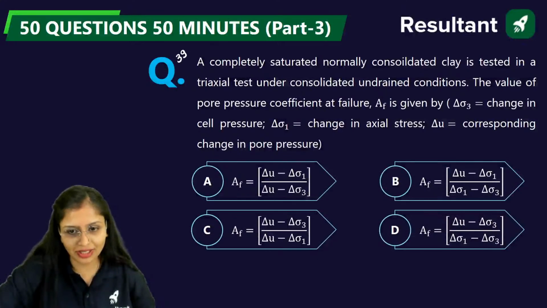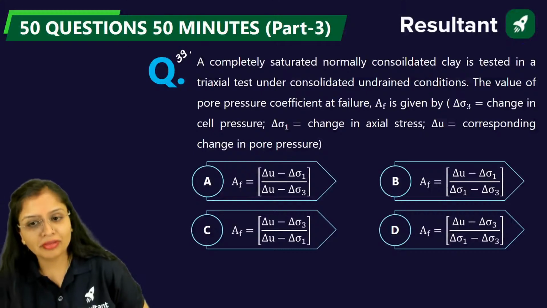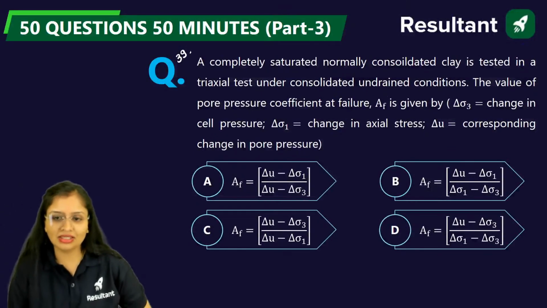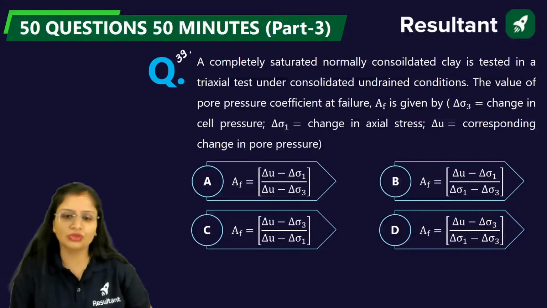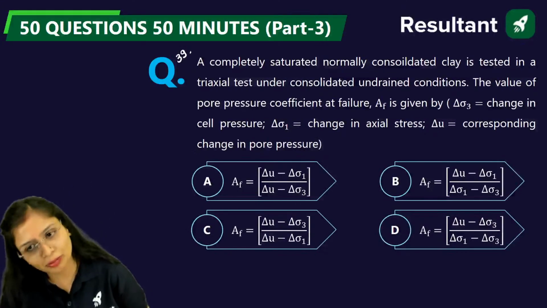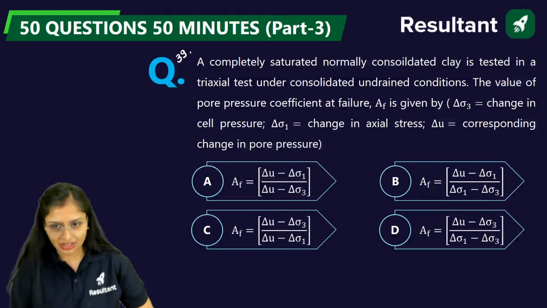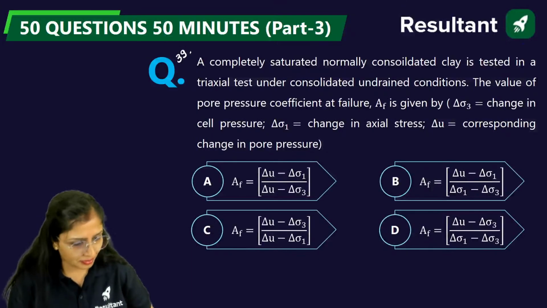And by looking at this you can answer. Completely saturated, normally consolidated clay is there. You're doing a triaxial test. Sigma 3 is change in cell pressure, delta sigma 1 is change in axial stress, and delta U is the corresponding change in pore pressure. Now you have to tell me the value of AF, the pore pressure coefficient at failure.